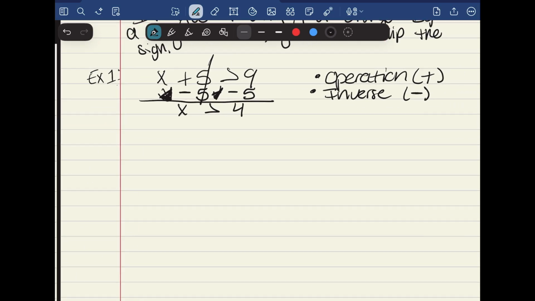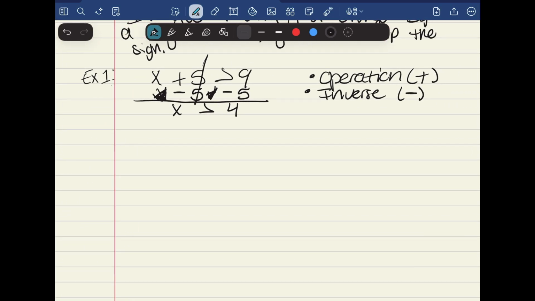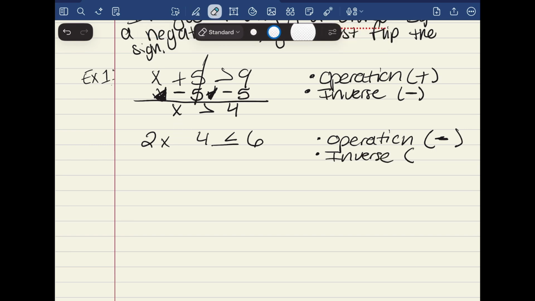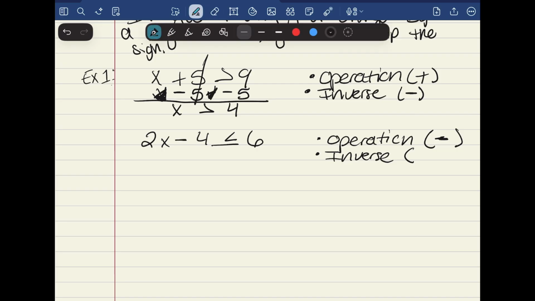Now, I'm going to do another one. It's going to be a step up, a little bit harder, but it's the same way we did our other one. Identify my operation, subtraction. Identify my inverse. Remember, it means opposite. Opposite of subtraction, addition.